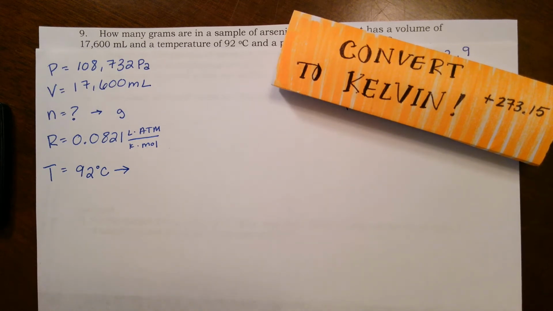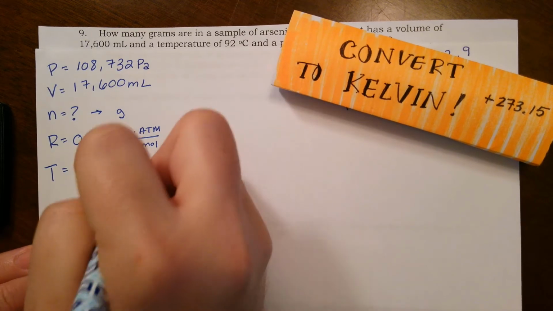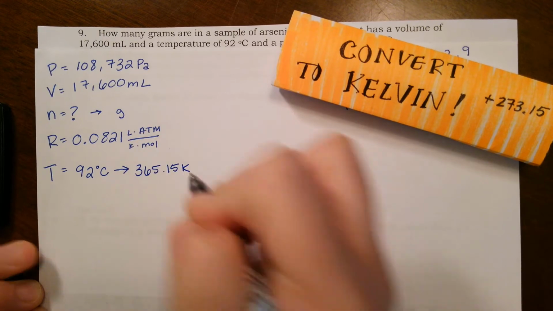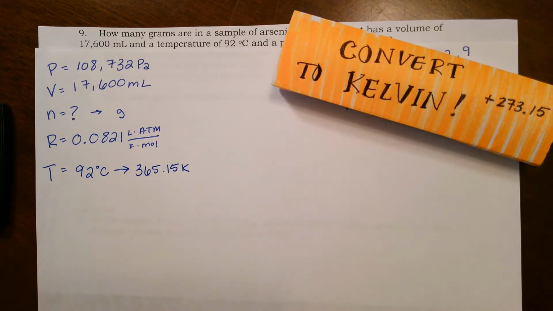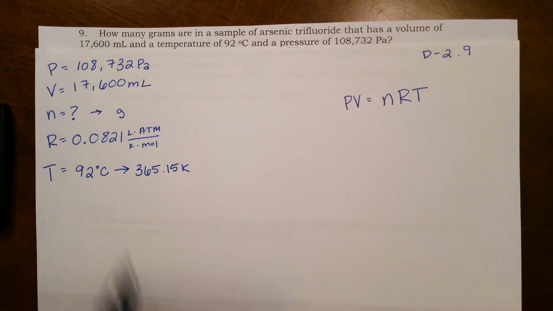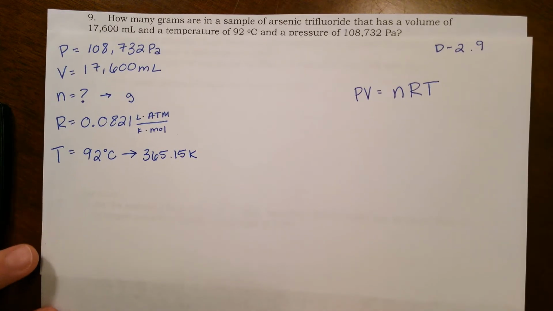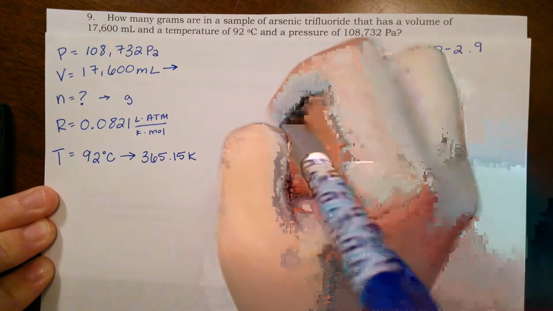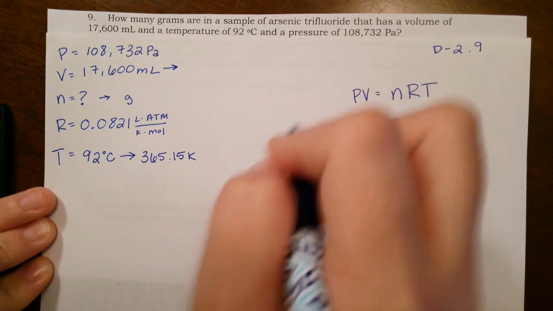We're going to say 92 plus 273.15 is 365.15 Kelvin. Let's do the next one. That's going to be a little bit on the easier side. Our volume. So this one is just going to be a basic metric conversion. We're going to go from milliliters to liters. So you always start with what you're given.